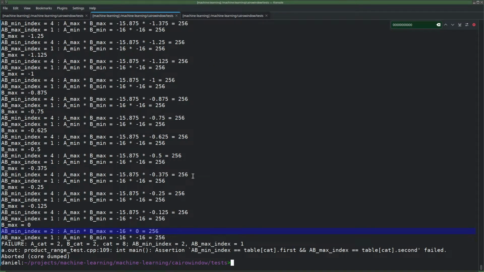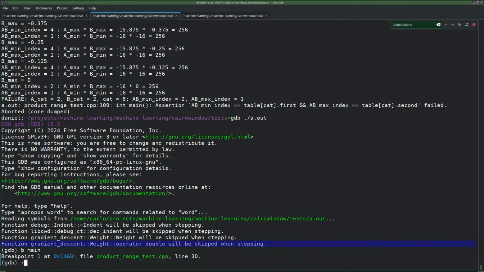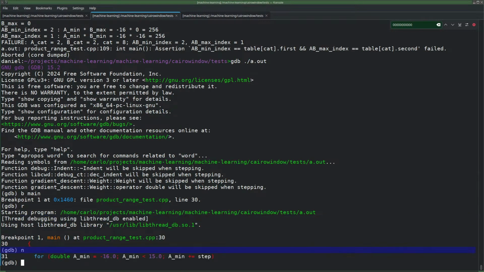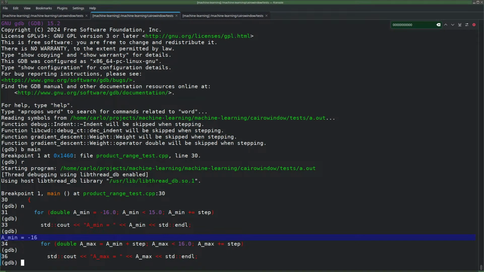Doesn't seem interesting or important, but A min is minus 16. That's where we begin. A max is just a step higher.